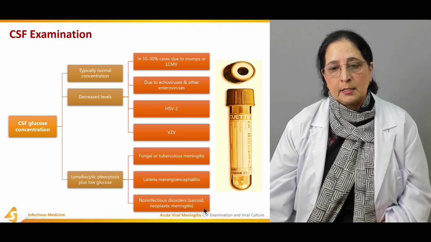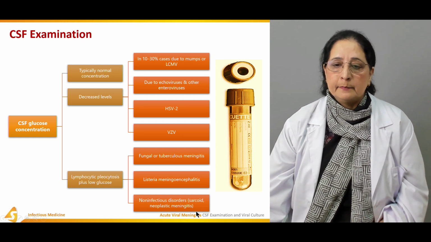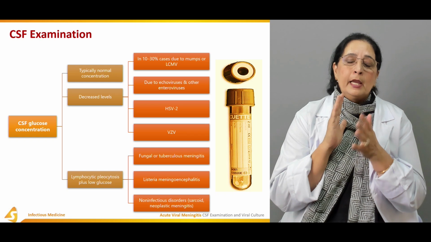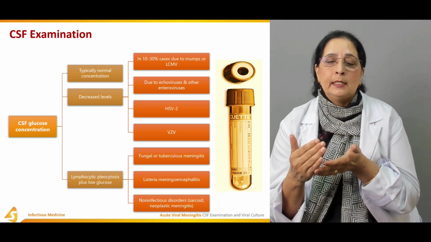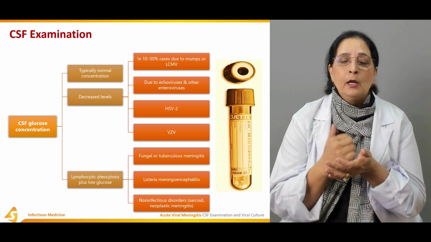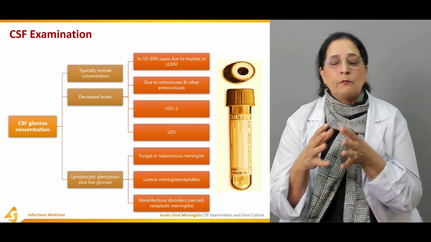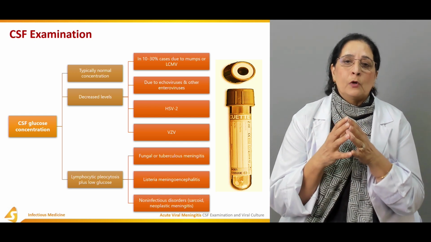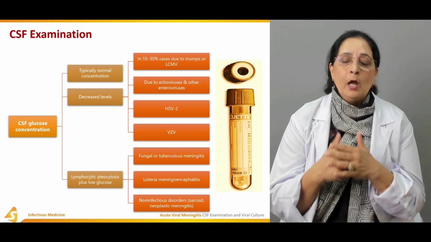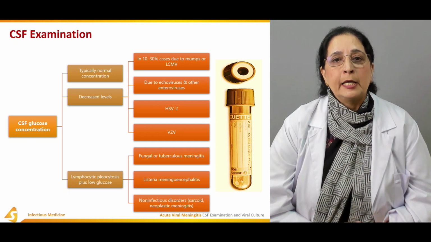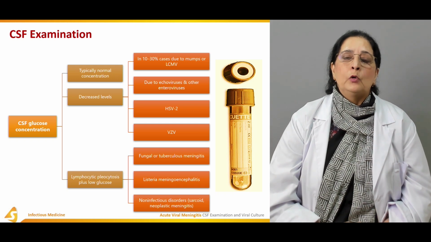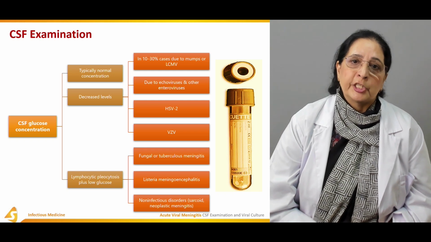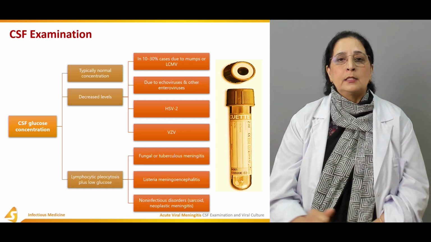Non-infectious disorders like sarcoid and neoplastic meningitis too. So this gives us a very good idea of what viruses can be involved if the concentration of glucose in the cerebrospinal fluid is normal, and if it's low, along with lymphocytic pleocytosis, it's mainly because of fungal infections, tuberculosis, or non-infectious conditions that can cause meningitis.